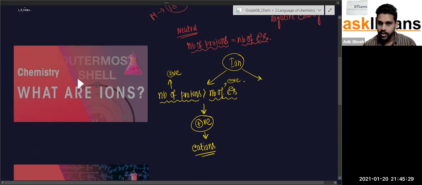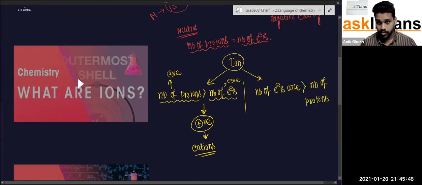Now we are just coming to the next possibility. Okay, what is the next possibility? You tell me, when the number of electrons is greater than the number of protons. Definitely in this case, the charge of the atom is going to be negative, isn't it?